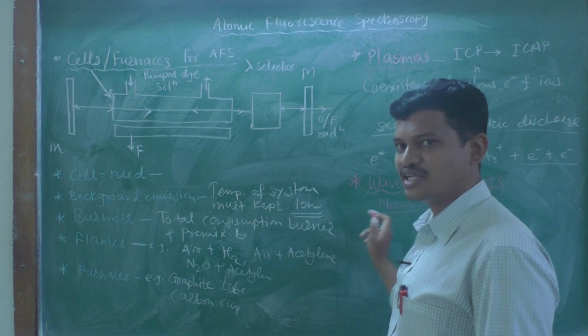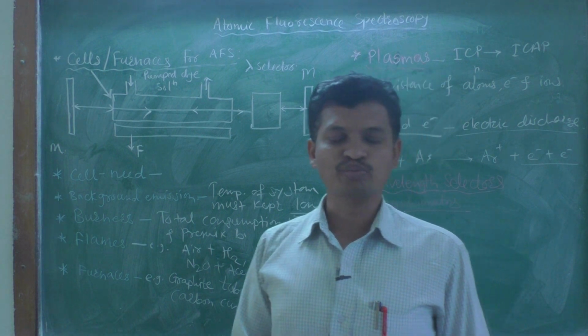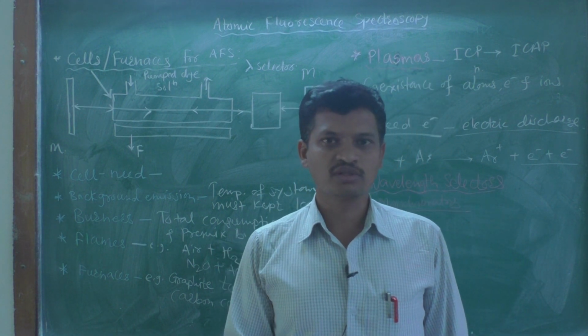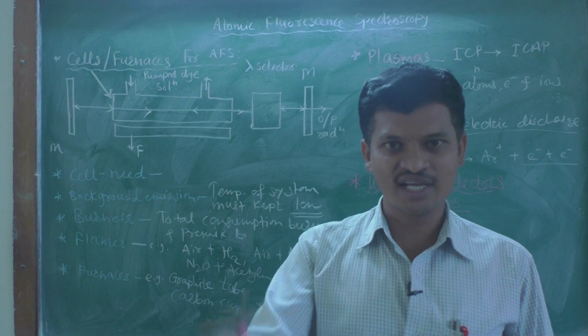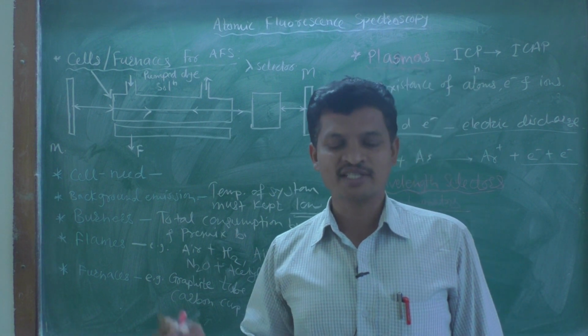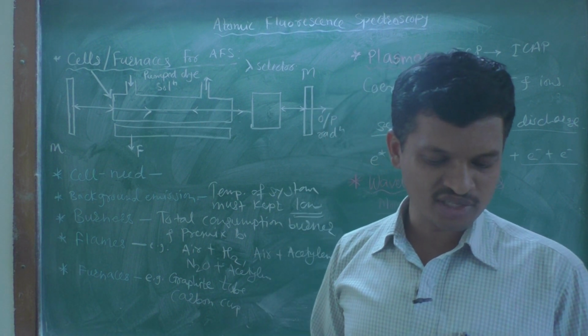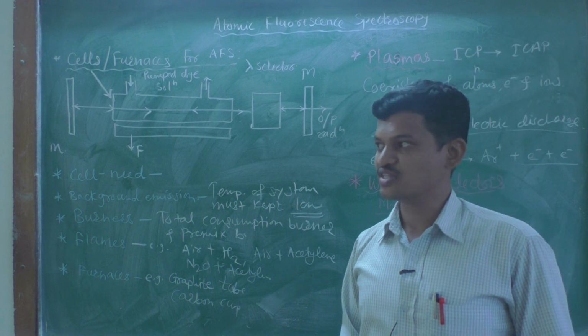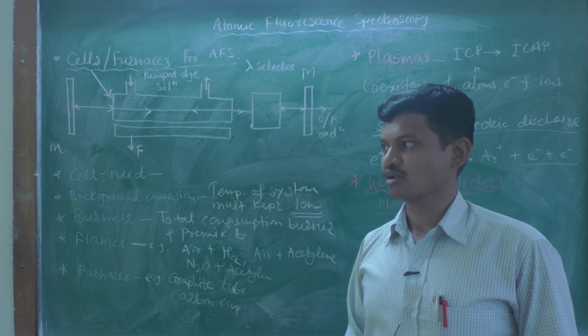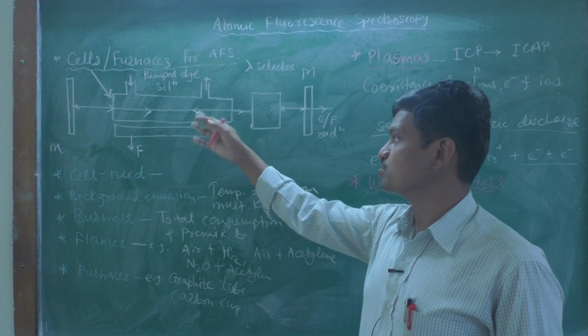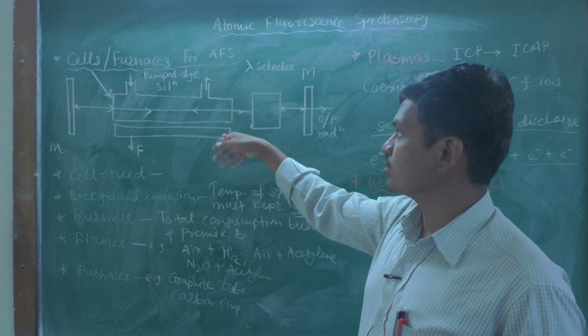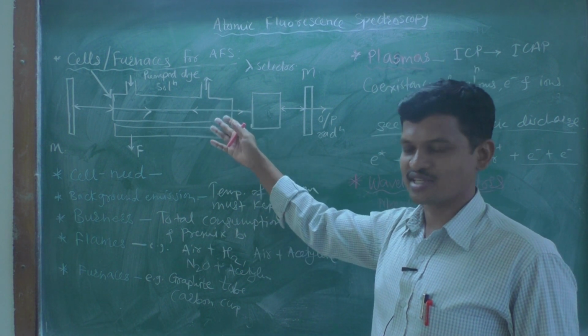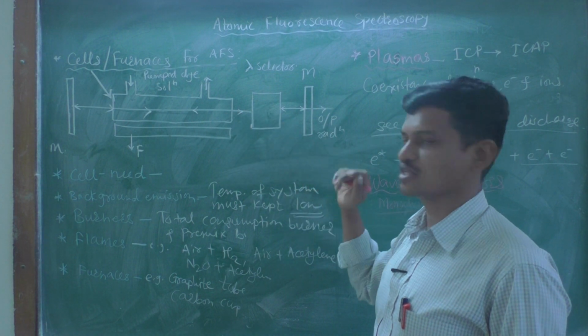Monochromators are devices which are used to select a particular or single wavelength of radiation. Such monochromators are used for the selection of incident radiation that has been prepared in the cells or the furnaces in atomic fluorescence spectrophotometers.